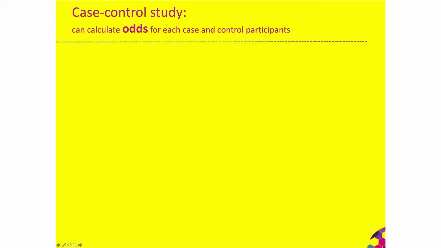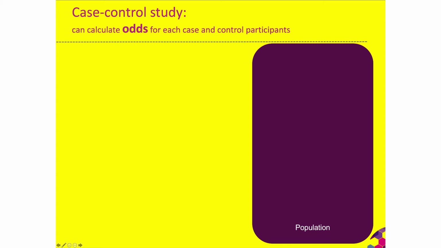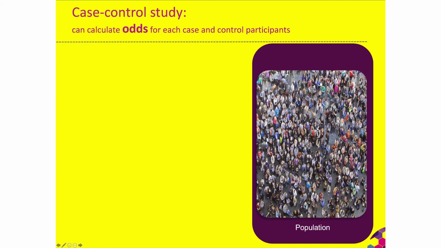So let's look at an example of a case control study in terms of what kinds of associations we can calculate. We generally calculate the odds of exposure and hence the odds of a health outcome.